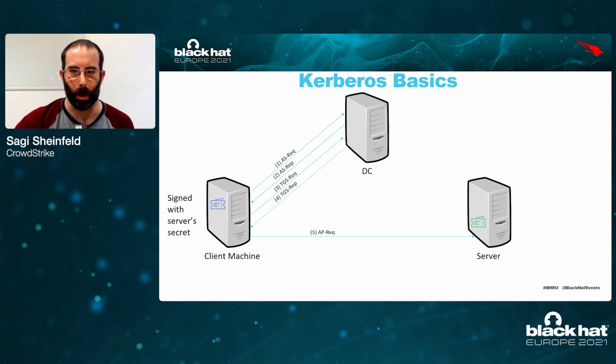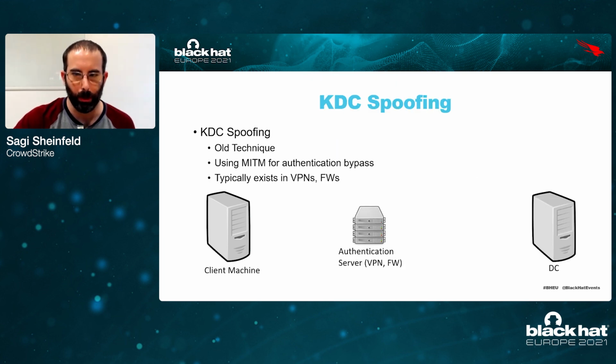To have some more background on our attack, let's first talk about KDC spoofing. KDC spoofing is an old attack technique that was used to bypass authentication on network equipment like VPNs and firewalls. A user logs onto a server using plain text credentials, and the server uses those credentials to generate an AS request.